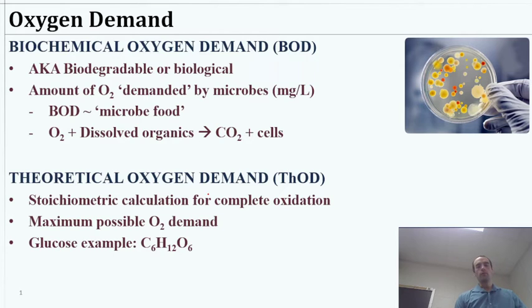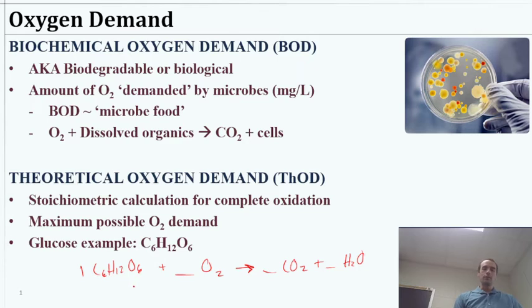So glucose, for example, we could say we have one C6H12O6 plus some amount of oxygen, and we know we have some amount of CO2 as a reaction product and some amount of water. Our typical oxidation reaction.